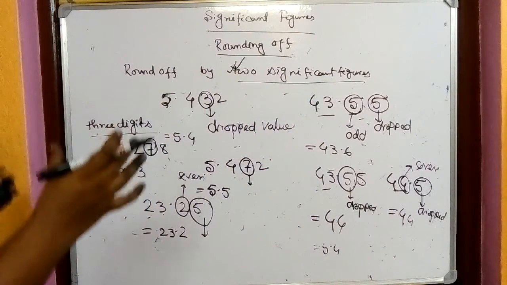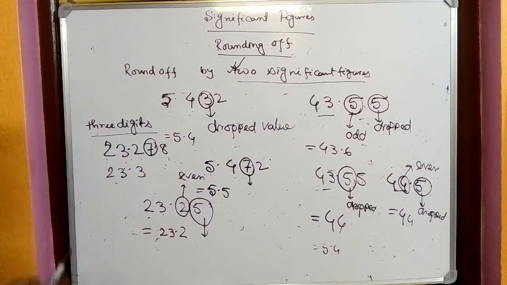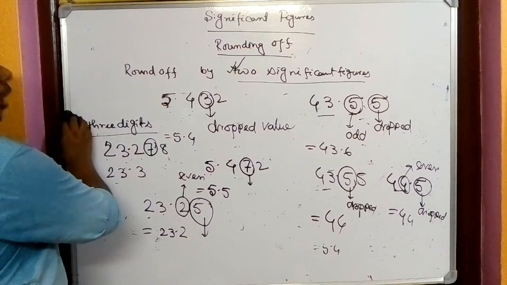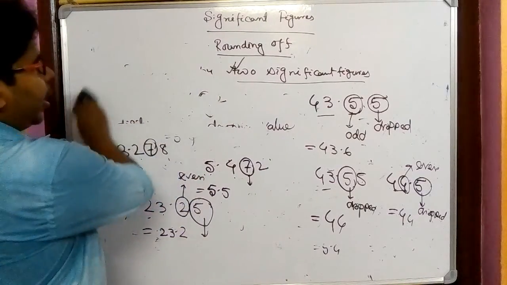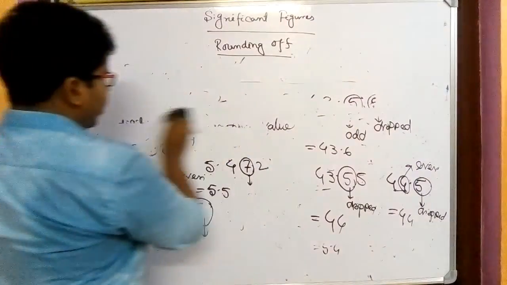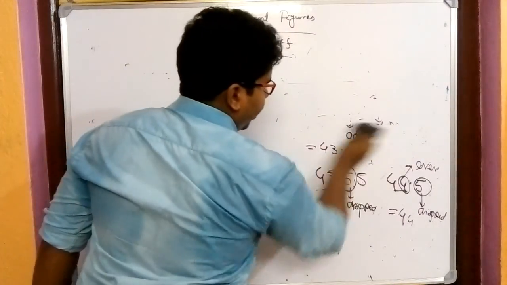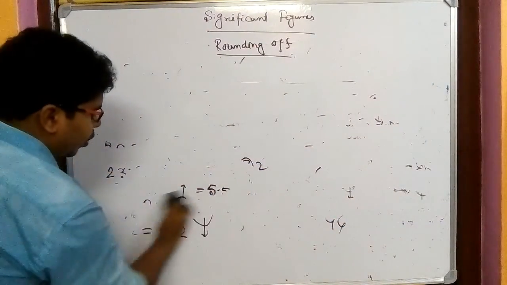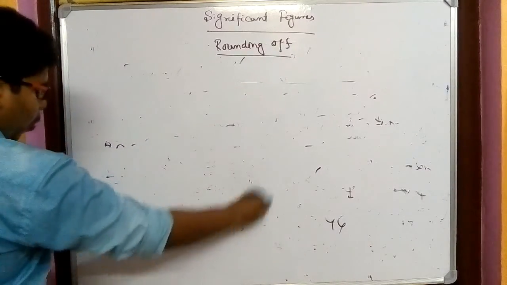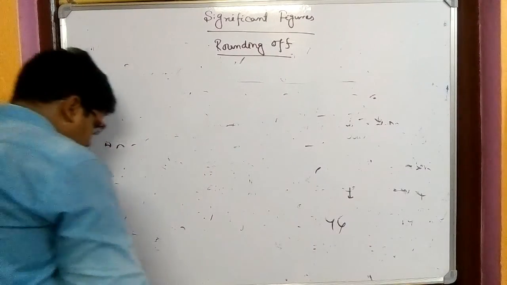So these are the rules of rounding off. I have told you the examples. Now it is easier to understand if I write the rule in sentences, then you can easily understand it.